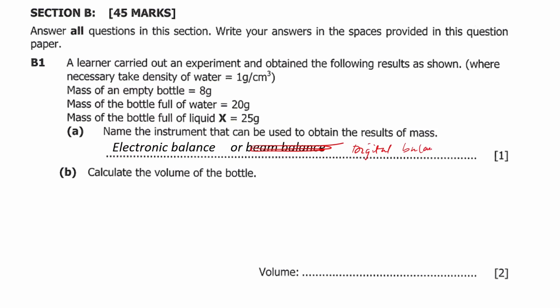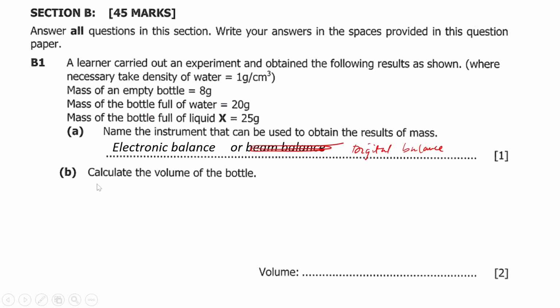Okay, we are no longer in history. We are now in the 21st century, and whatever we are using in the 21st century is what we should mention. We shouldn't mention the beam balance, which is now outdated.